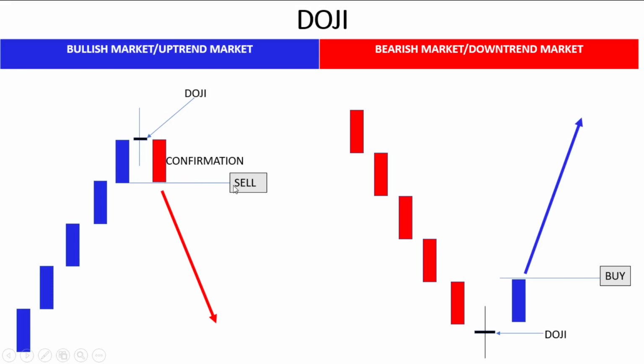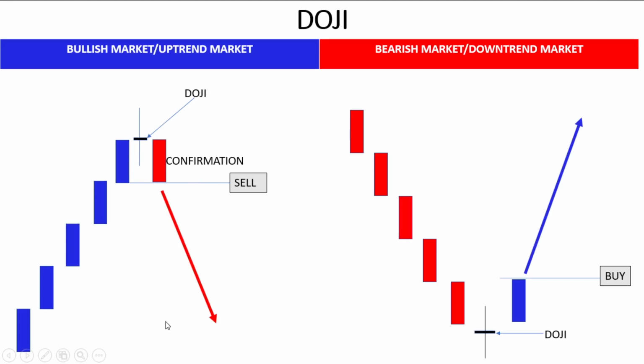Your stop loss, or your risk, I mean how much you are willing to risk, will be determined by this. You put your stop loss here. Then this length will be your pips. You want to gain more than what you lose, so you will target maybe somewhere here.